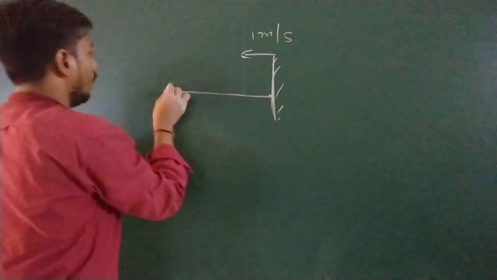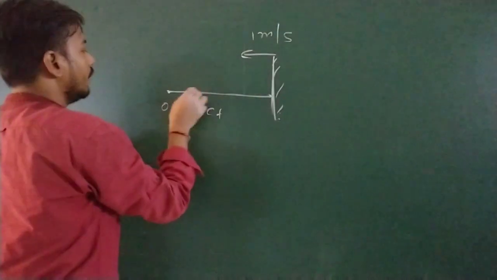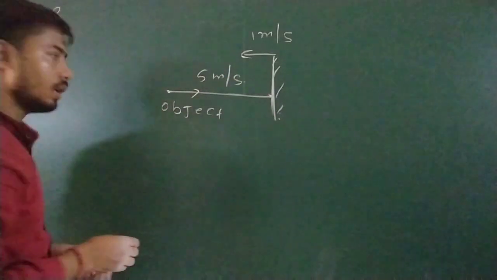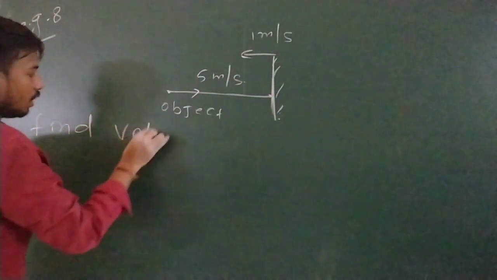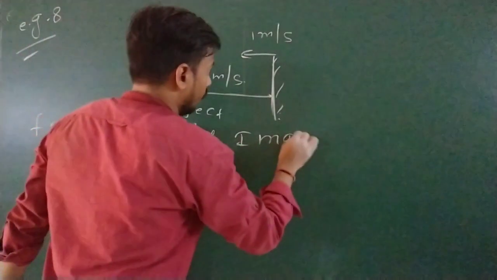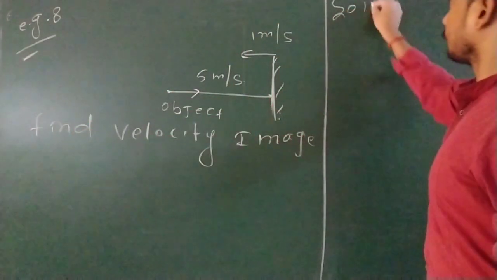And here is the object, and this is moving with 5 meter per second. Find the velocity of image.